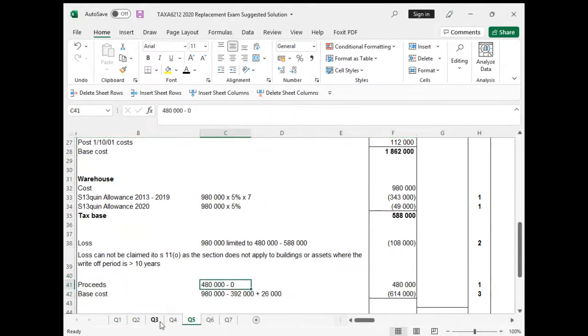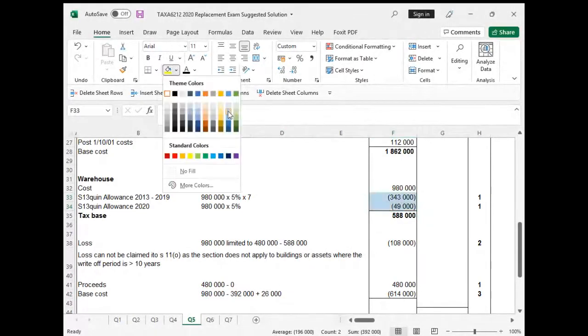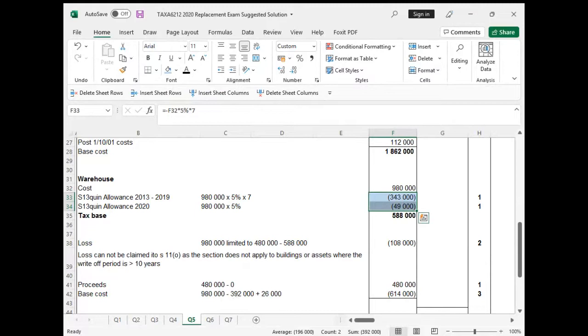So my proceeds is the 480. I do not have a recoupment, so it's 0. My base cost is the 980, so my original cost less my allowances. If you add these together, you get the 392,000, and then we add the 26,000, which was the advertising cost.